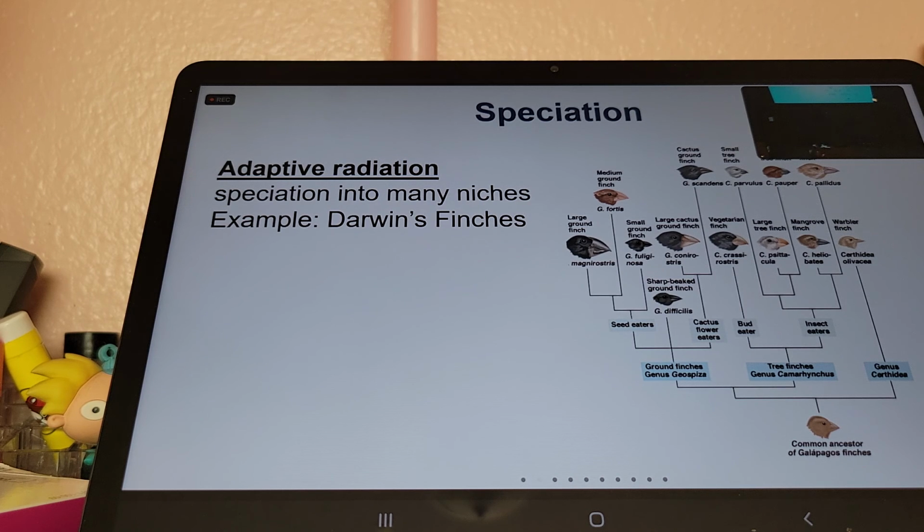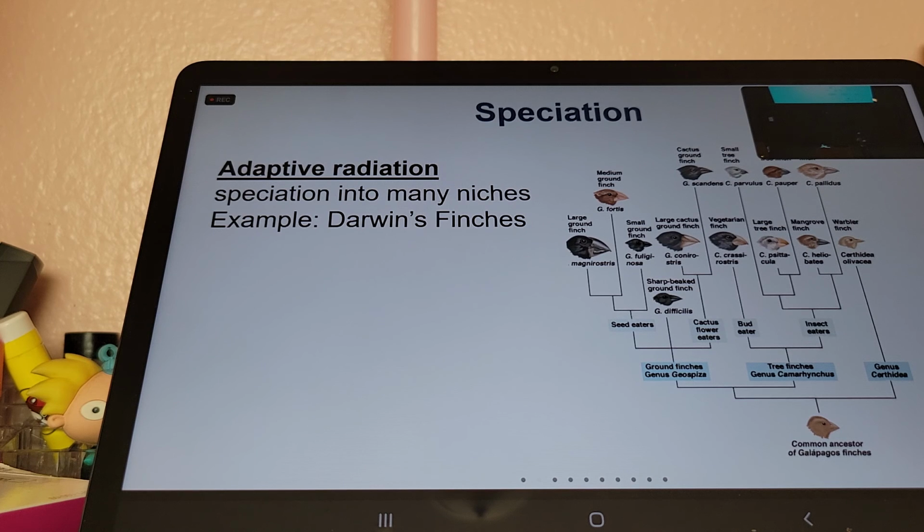And as you just mentioned, the lemurs on Madagascar are another example of adaptive radiation. We get this rapid branching and branching, with many, many species descending from an ancestral species. So branching evolution is another way that evolution can occur.